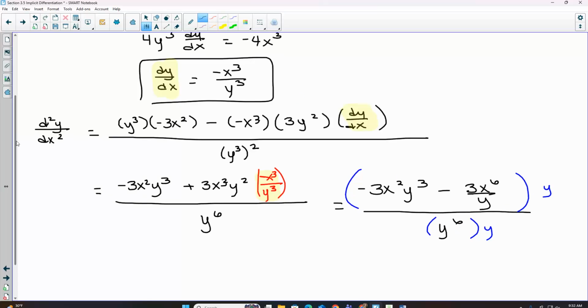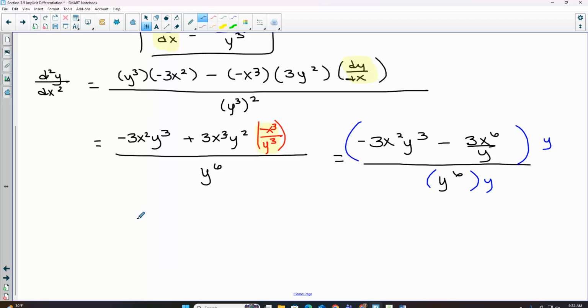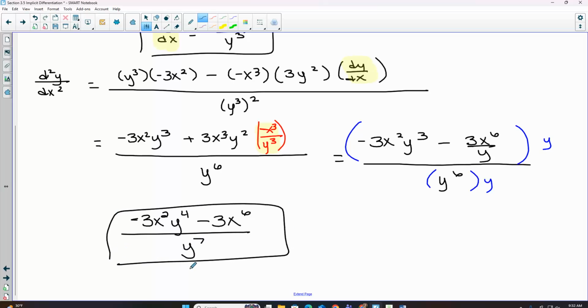So my final answer for my second derivative is negative 3x squared y to the fourth minus 3x to the sixth over y to the seventh. These second derivatives do get a little ugly, but our process is the same.